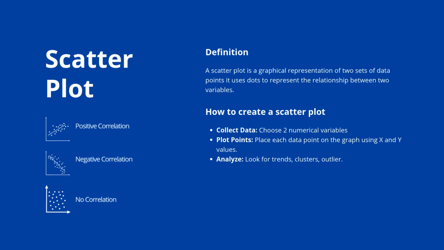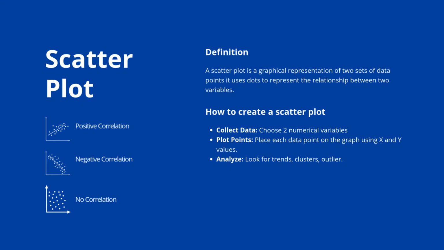And if you don't see any clear pattern between the dots, then we can say there is no correlation between them. You can use a scatter plot when you are comparing two numerical variables and looking for relationships, whether linear or non-linear.